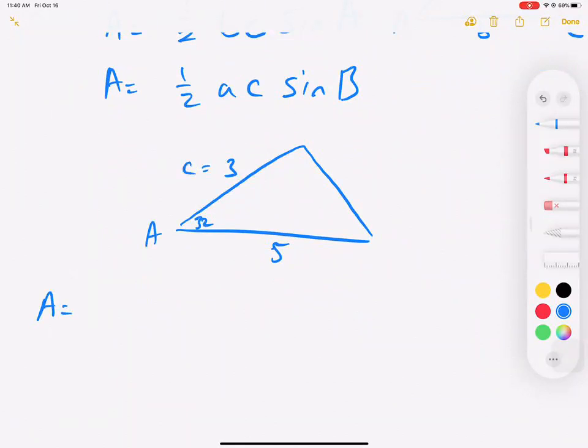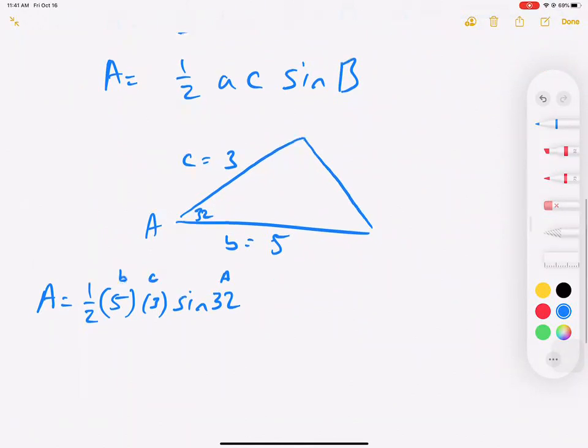Let's call this C and call this B. So 1/2, I see 5, I see 3, and we multiply sine of my angle 32. So this would be letter B, C, sine of capital A. So the letters really don't matter. It's the positions that matter the most. And as long as this is an SAS triangle, everything else is just calculator work.